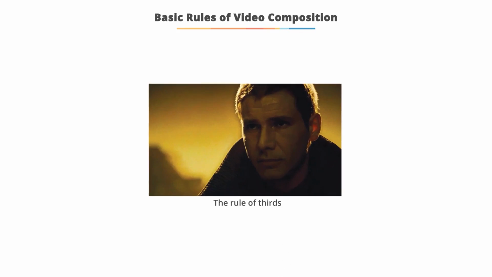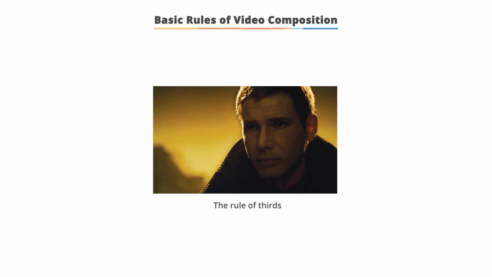Earlier I promised you I was going to explain the rule of thirds. They are part of the basic rules of composition. The rule of thirds is a compositional rule that suggests dividing the image into thirds and placing the subject on one of those sides, instead of in the center. It is one of the most important composition techniques used by professional photographers.